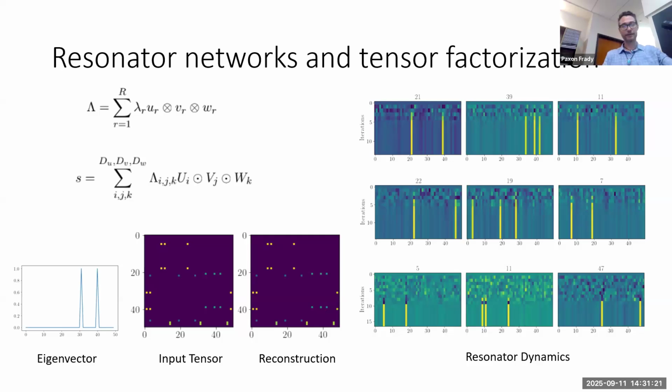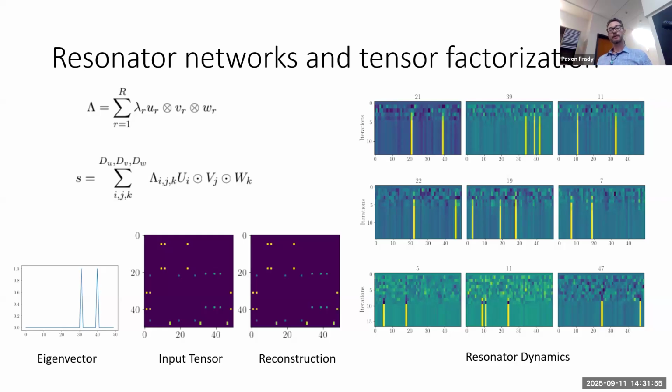It turns out that the resonator network is a tensor factorization algorithm, and it's useful to talk about it this way as well. The idea of tensor factorization is very similar to matrix factorization, like doing PCA, but we extend this to tensors and higher order tensors. Then we have eigenvectors and eigenvalues, but now our tensor is broken up into the outer product of 3 vectors.